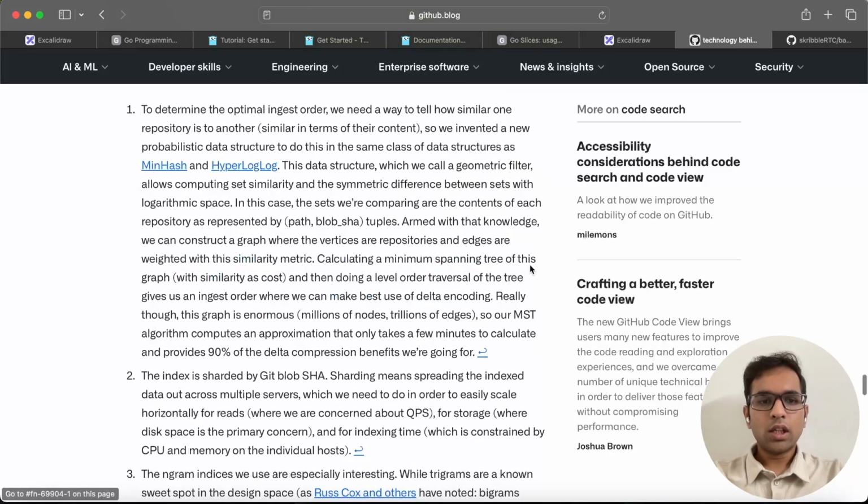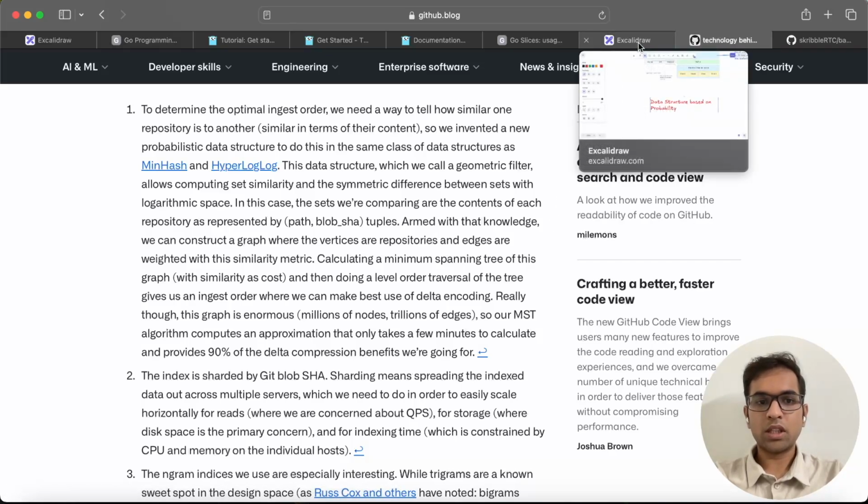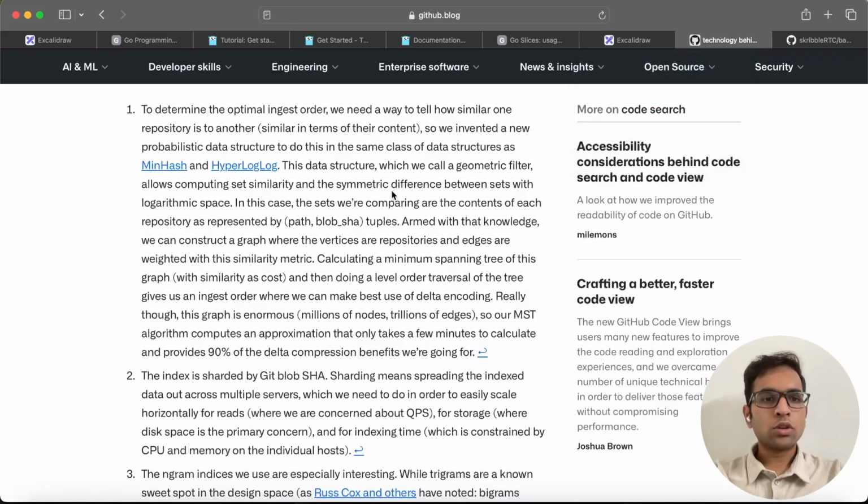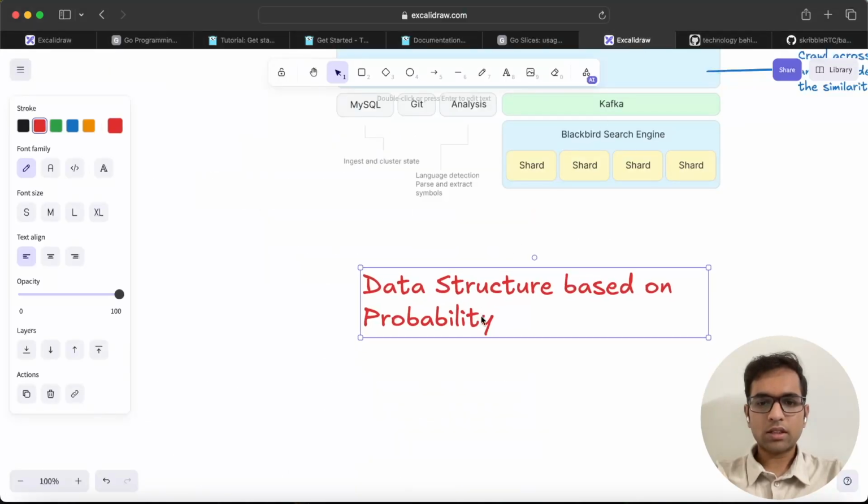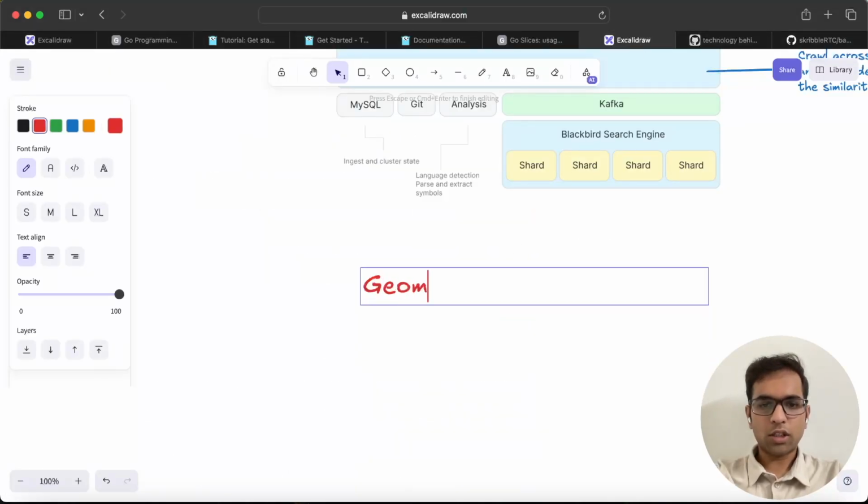We are going to deep dive into all of this, because it is very interesting why they have taken a level order traversal of a minimum spanning tree. First, to determine the optimal ingest, we need a way to tell how similar one repository is to another. So they have a probabilistic data structure based on min-hash and HyperLogLog, which they also called a geometric filter.